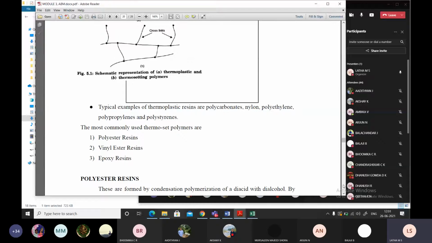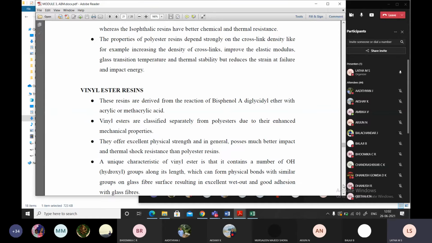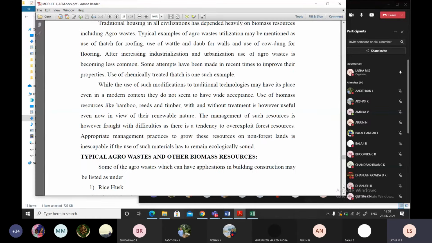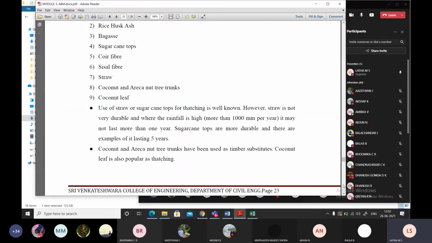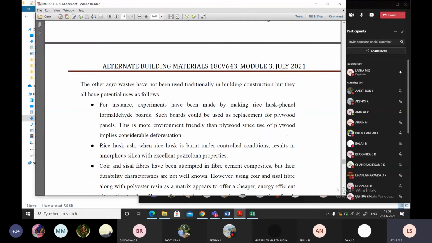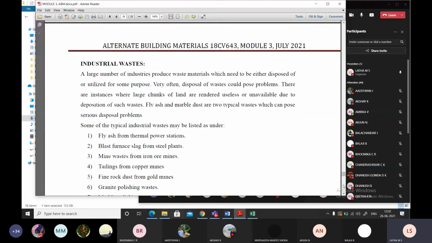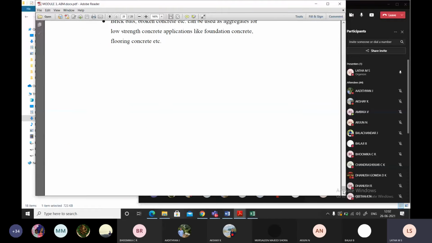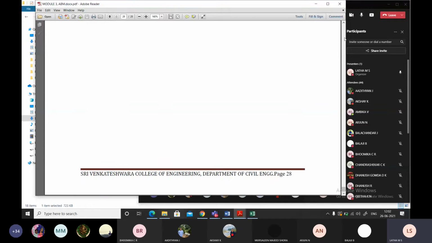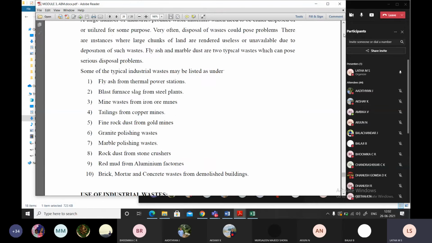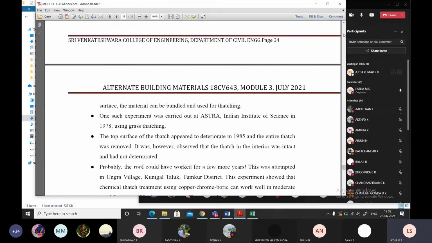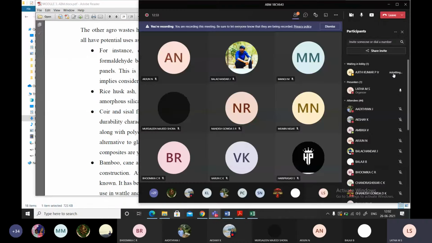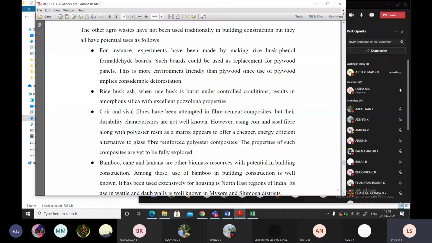You studied thermosetting and thermoplastic, the applications, then types of waste from agriculture and industry, correct? It is very important to study all the contents of this module. You cannot stick to one topic only. Every topic in this module is very important. It is a vast syllabus. You have to sit and prepare yourself.